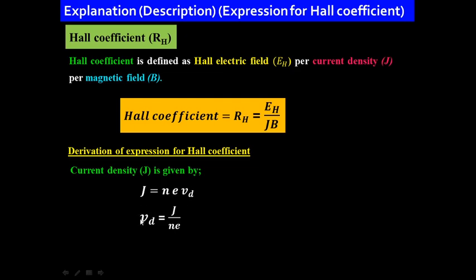Taking Ne to the other side, Vd equals J by Ne, and Vd is nothing but EH by B, since we have seen in the earlier slide that drift velocity is EH by B. So Vd equals EH by B equals J by Ne.